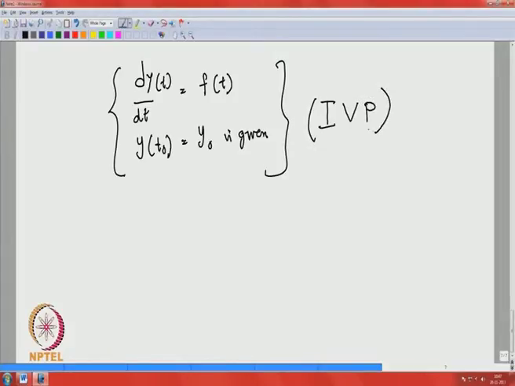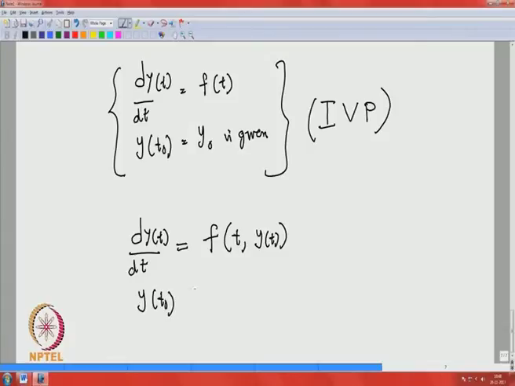This can be done for any general thing. If you have a general differential equation, which we will be addressing in this course, dy by dt equal to f of t and y, it may not only depend on the independent variable t, it also depends on the position at that time, and y at t naught is y naught is given. This is your initial value problem.